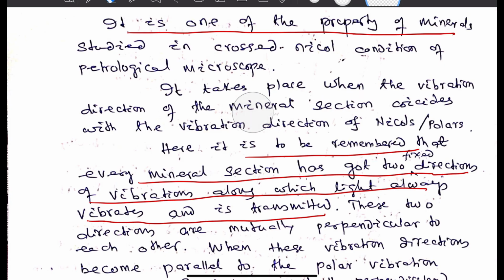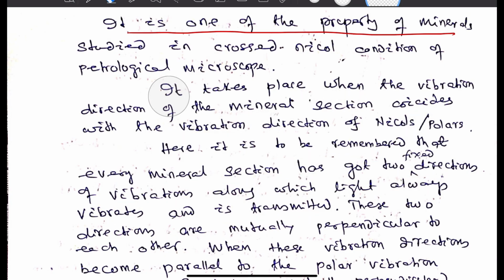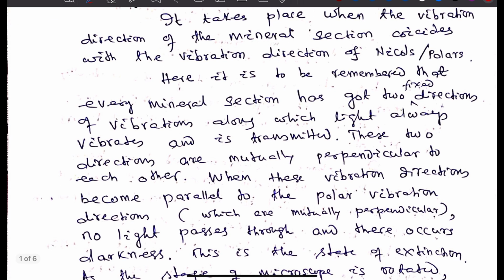In order to study the extinction position of the mineral, we see that the vibration direction of the mineral section coincides with the vibration direction of nicols, and in that condition darkness results, and that is the position of extinction. These two directions are mutually perpendicular to each other.